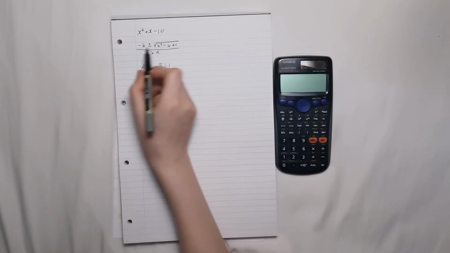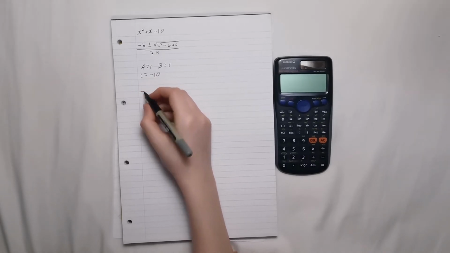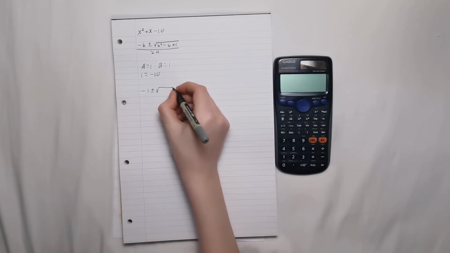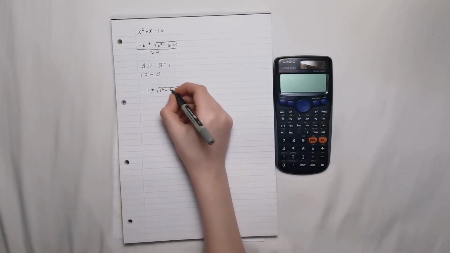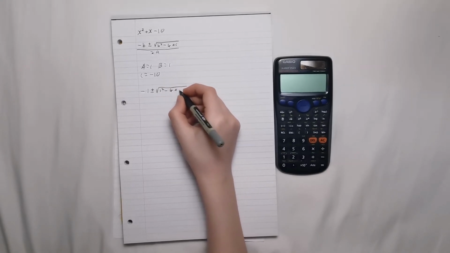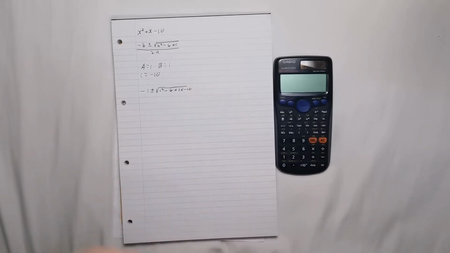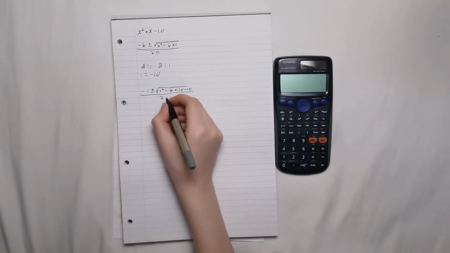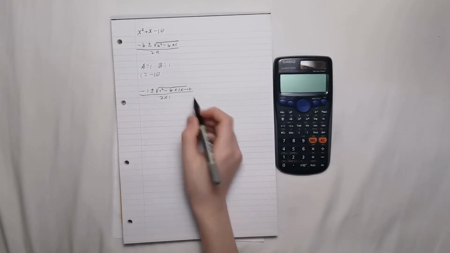So let's write this again, replacing all of these. Minus 1 plus minus the square root of 1 squared, take away 4 times 1 times negative 10, over 2 times 1.